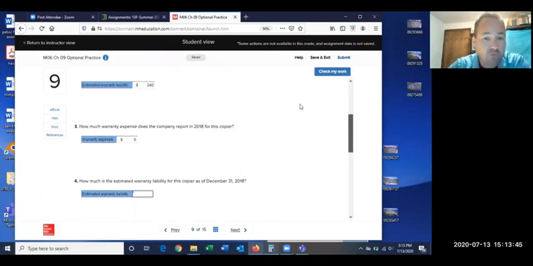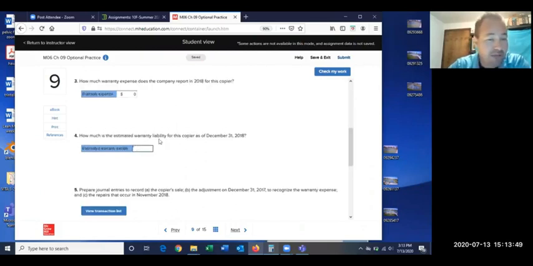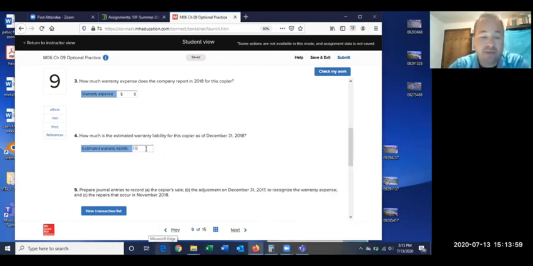I had estimated $240. So it's saying, how much do I still have in that estimated account if I had $240 and now I've used $209? I have $31 still left in that estimated account that I may either use on this client if I need to, or carry it over to another client who may have a more expensive warranty.